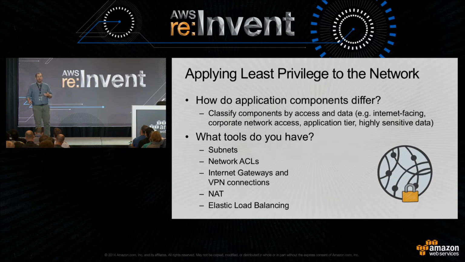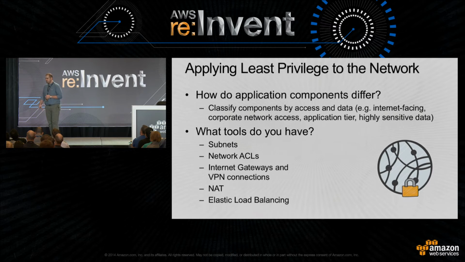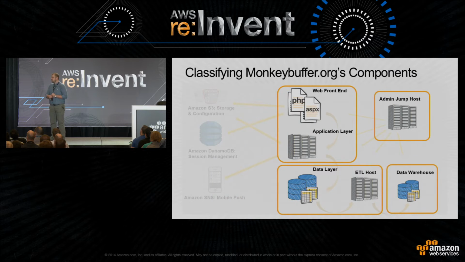And so we have tools like our subnets, network ACLs. We have differing types of gateways that we can build. And we can even use things like NAT and elastic load balancing to try and isolate access from the outside.